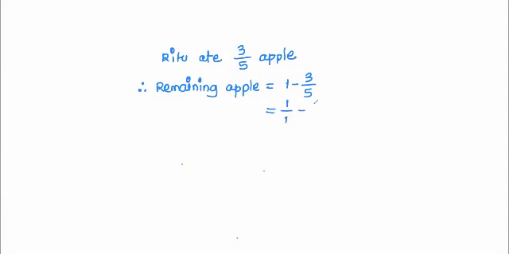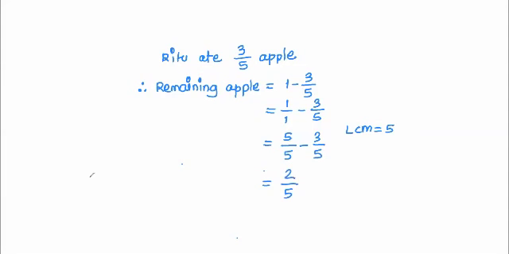So 1 upon 1 minus 3 upon 5. So making the denominator same. 1 and 5, the LCM is going to be equal to 5 because 5 is a multiple of 1. So we get LCM as 5. So we have to convert the denominator to 5. So 1 into 5 is 5, 1 into 5 is 5, minus 3 upon 5. So that is equal to 5 stays as it is because the denominator is same. 5 minus 3 is 2 upon 5. So the remaining apple is 2 upon 5.